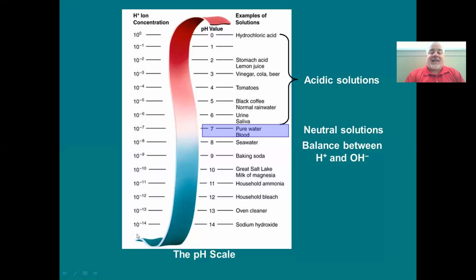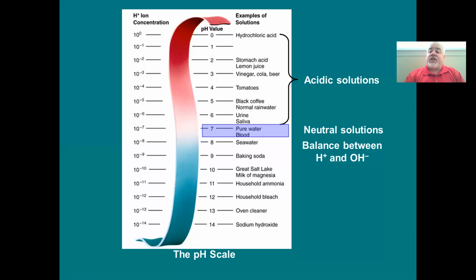And how do I get that low? Saturated sodium hydroxide solution. Saturated sodium hydroxide is a water solution that contains nothing but sodium ions, the positively charged ions, and hydroxide ions. And the chance of a hydrogen ion surviving in that environment is virtually non-existent.